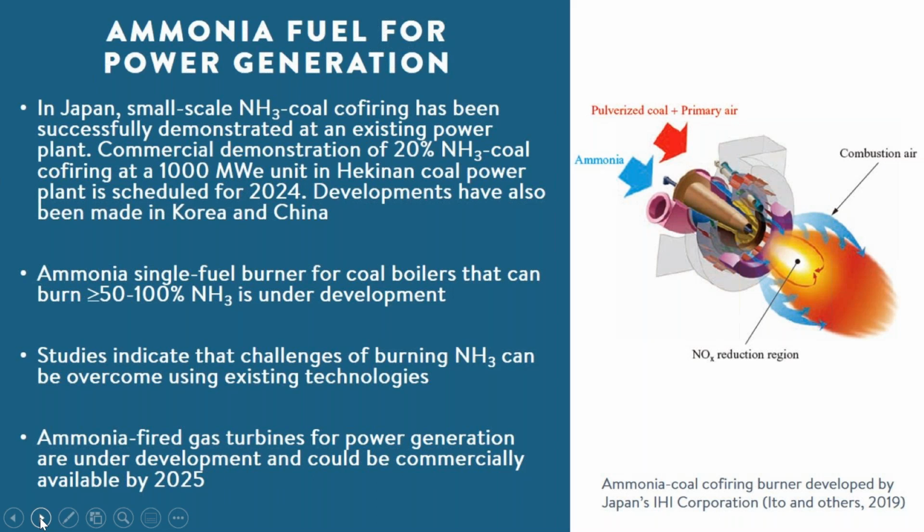Small-scale ammonia-coal co-firing has been successfully demonstrated at an existing power plant. Work is now ongoing to demonstrate 20% ammonia-coal co-firing at a 1,000 megawatt commercial coal power generating unit in 2024.